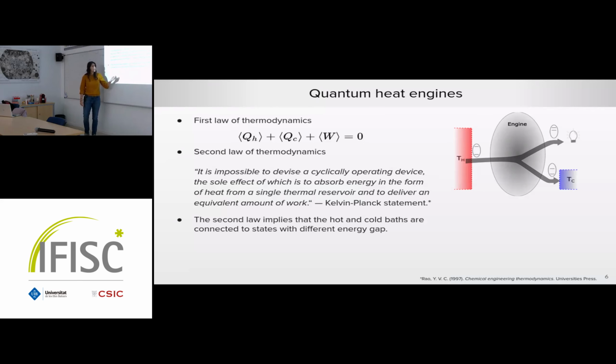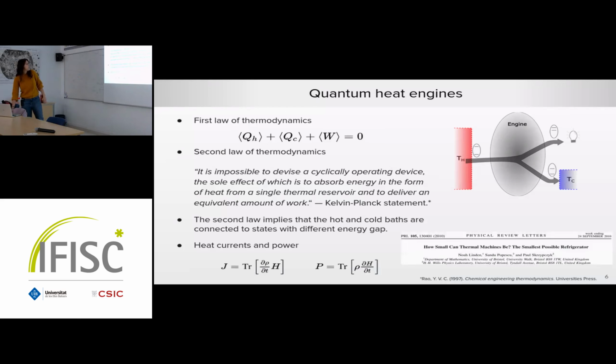And because of that, if you want a machine operating in steady state, then you need at least 3 levels. Here I put, just for completeness, the definitions that we're going to use for heat and work. The heat current is due to changes in the density matrix of the system, and the power due to changes in the Hamiltonian.